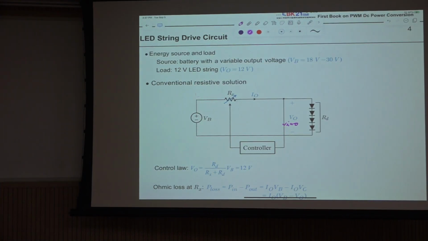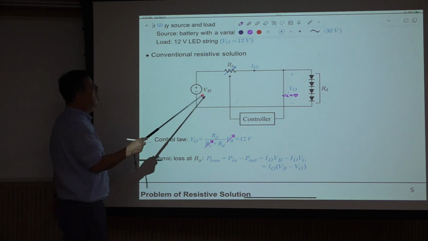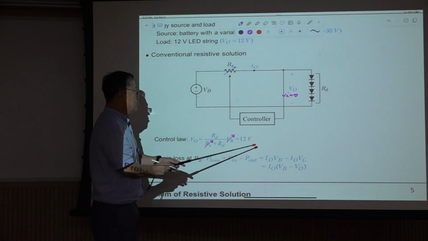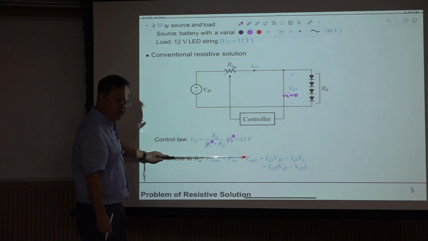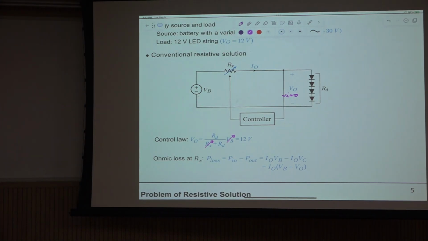If the battery voltage is increased from the previous value, then the voltage drop across the variable resistor should increase too, right? So the difference between the two becomes this, and this will maintain 12 volt. This is very simple, right? And actually, you have seen this device, it is called a voltage regulator. It looks like this.